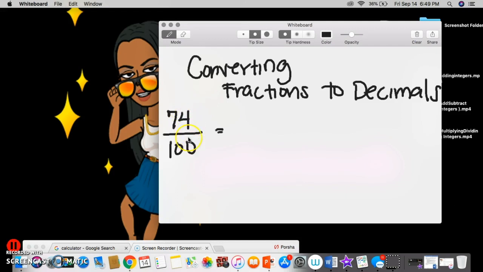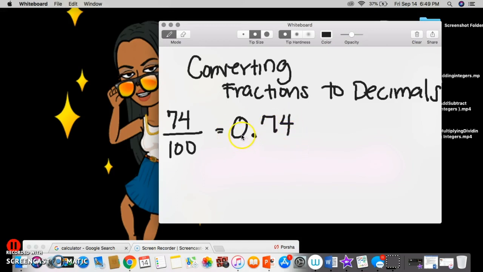So now we have 74 hundredths. That's how you would read it. If you look at the place value chart in your journal, you would notice that for 74 hundredths, you will write a zero, because the proper way to write a decimal is to have a zero in the ones place, and then you'll write 7 4, because 7 is in the tenths place and 4 is in the hundredths place.